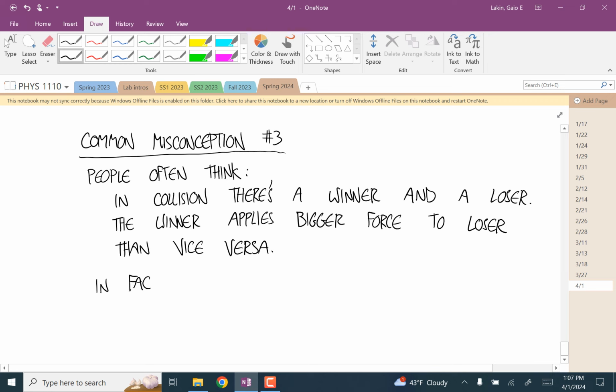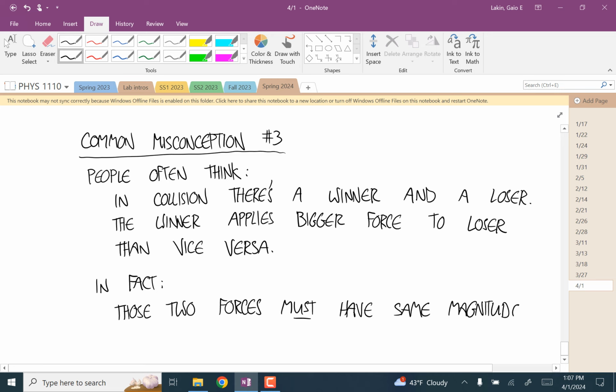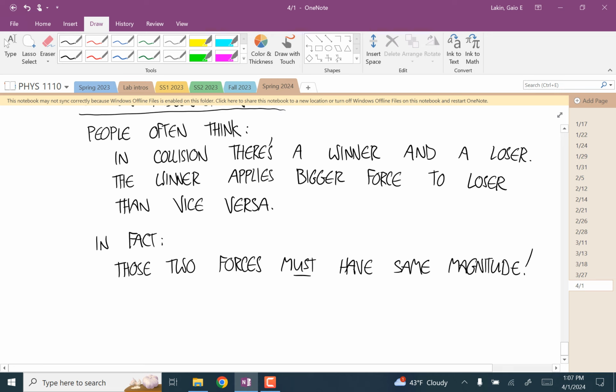The reality is, in fact, those two forces must have the same magnitude, only the direction is opposite.